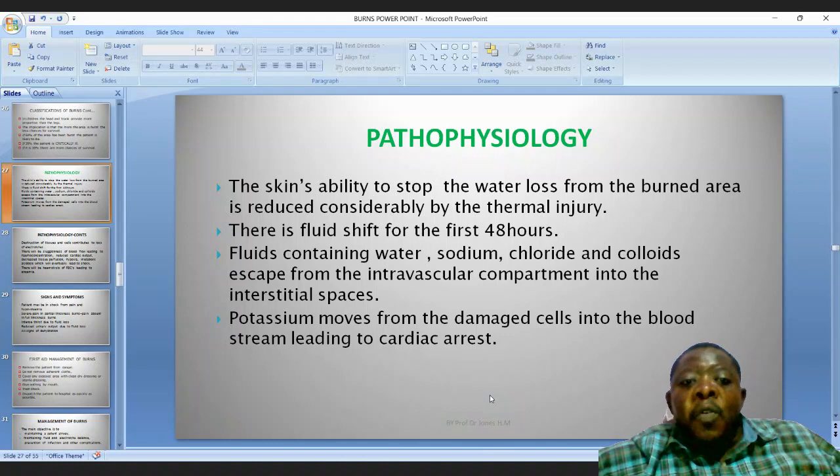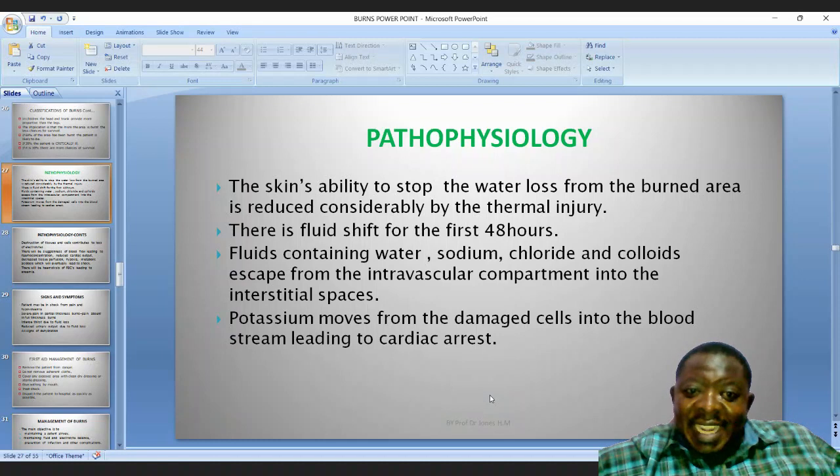There will be a fluid shift for the first 48 hours. Fluids containing water, sodium, chloride, and colloids are going to escape from the intravascular compartment into the interstitial spaces.